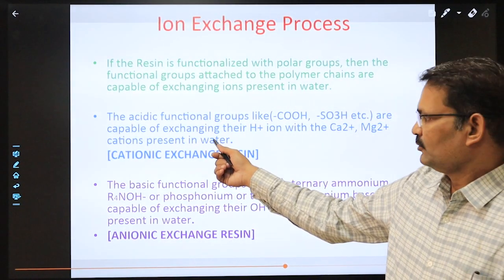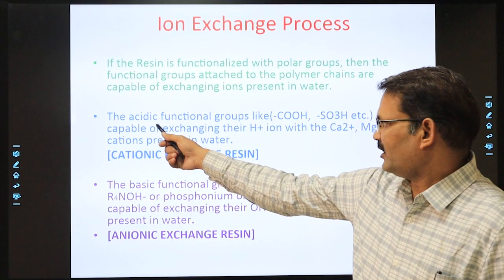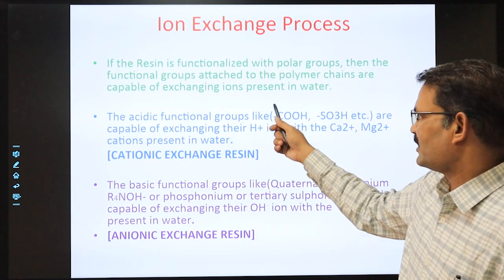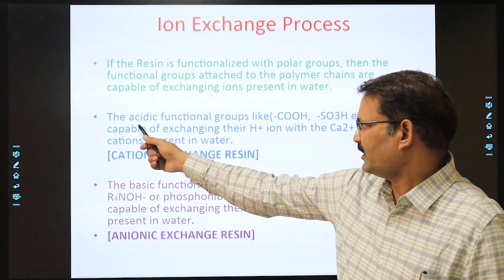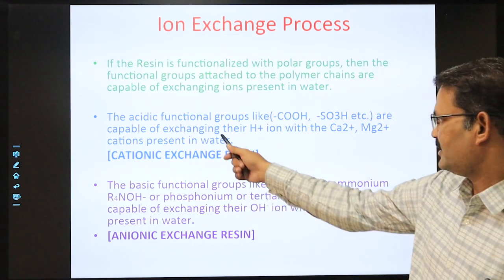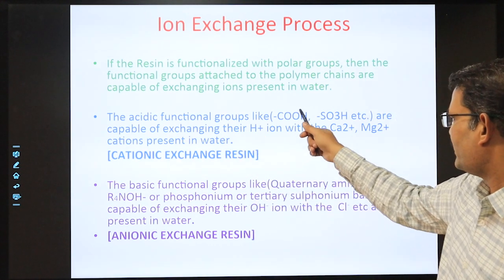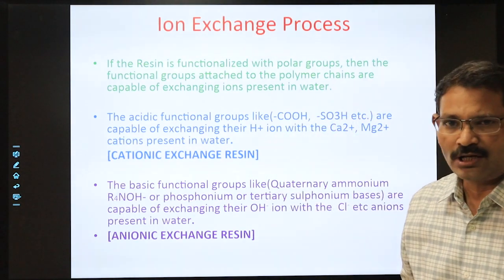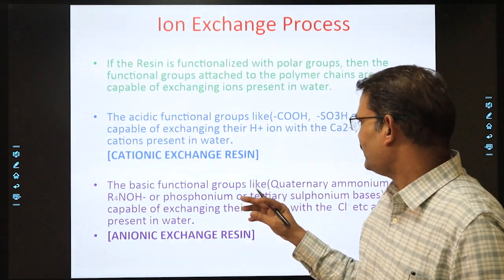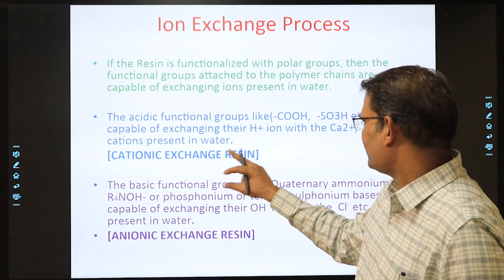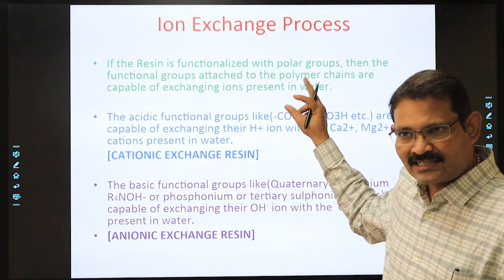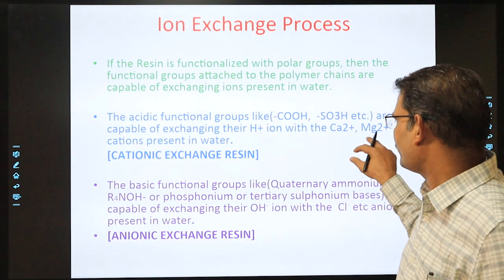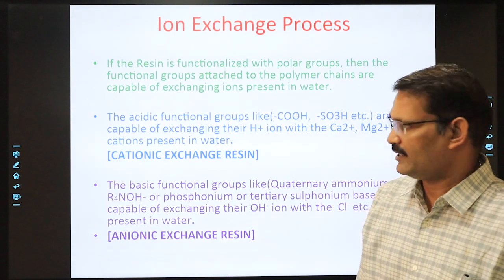To exchange cations, we need groups containing active H+, so we can call them acidic groups. Acidic groups like COOH and SO3H are introduced into the hydrocarbon resin. Then we call it a cation exchange resin. This H+ is capable of exchanging calcium and magnesium ions.